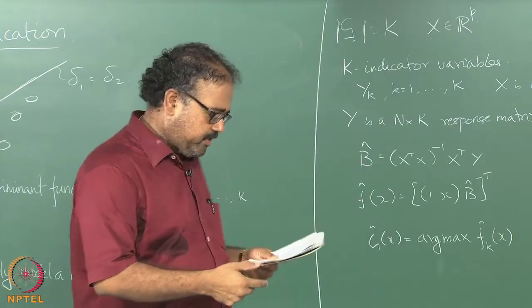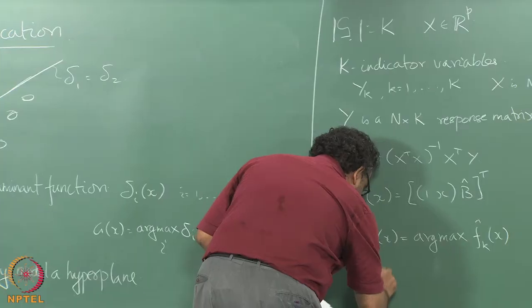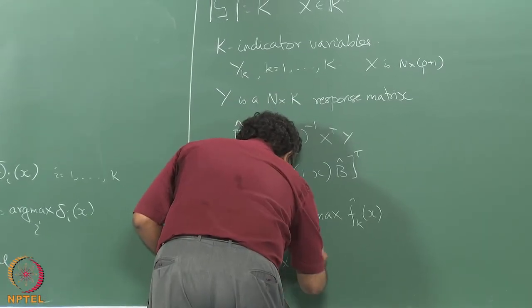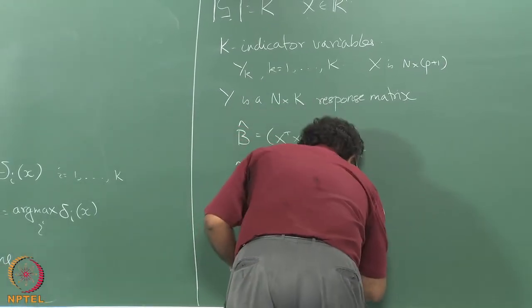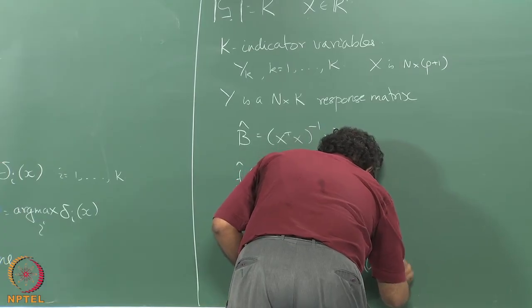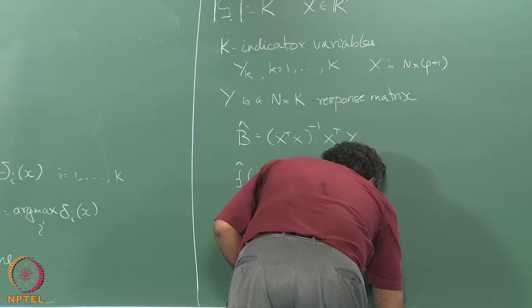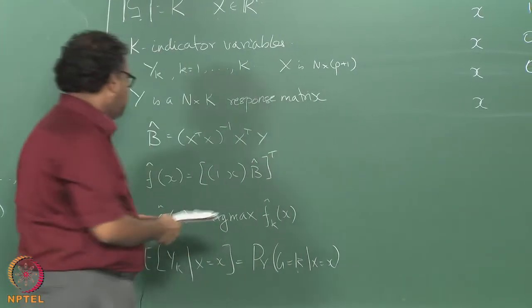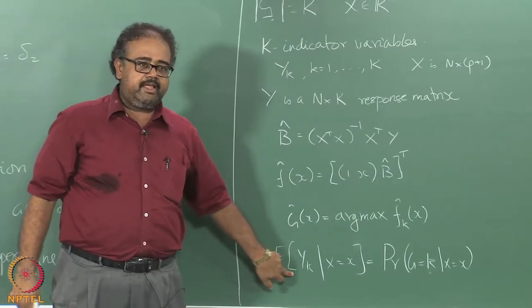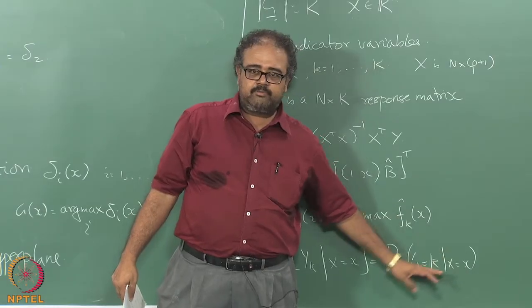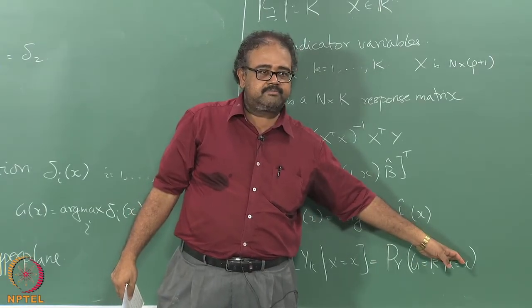So, ideally you would like to interpret this, right. The expected value of yk given x, you would ideally like it to be the probability that the output is k given the input is x.